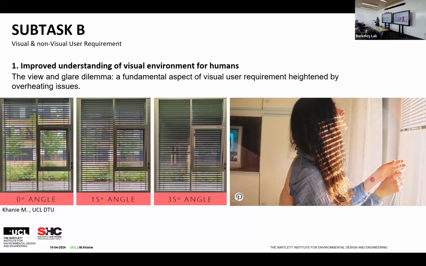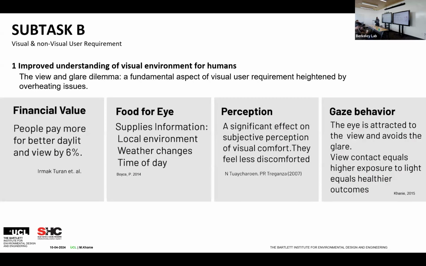So some of these fundamental activities are about the fundamental aspects of the view and the user requirement for view and glare. The view aspect of it is important. I mean, of course, we want to get rid of that overheating. We want to have some resilient facade. But we have to consider that there are several benefits, and that's what makes this dilemma, that there are several benefits from this window view.